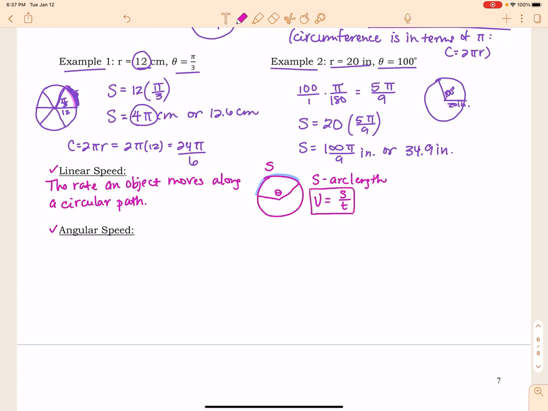It just takes the arc length S and divides it by T, which in this case would be the time to travel. So you're basically dividing the arc length by how long it takes in time. All right, so that is your formula for linear speed.